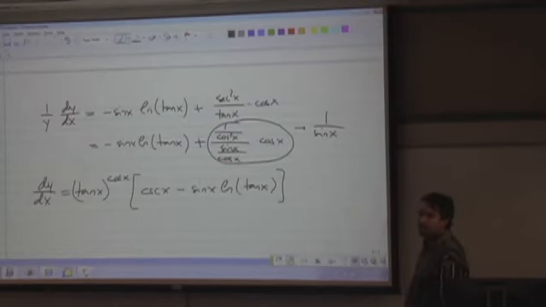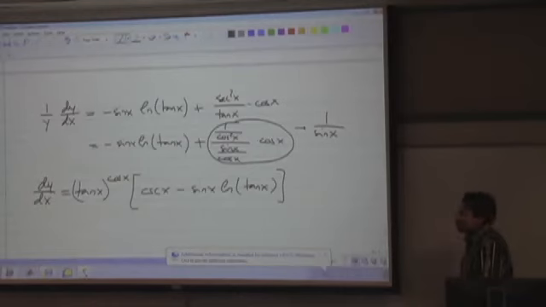Questions? So the key idea is, if you see a problem like this on the test, which you probably will, if it's a function to a function, the only way you can take the derivative is with logarithmic differentiation.